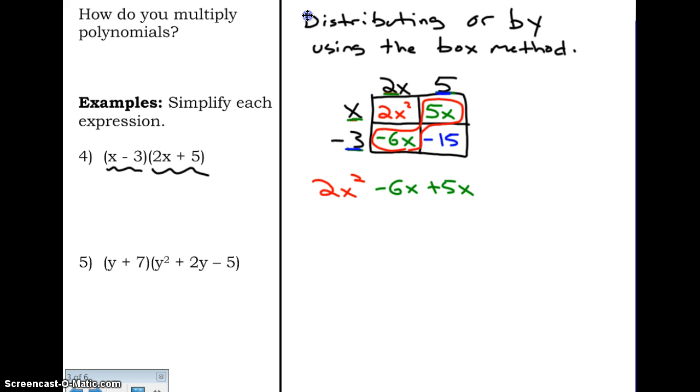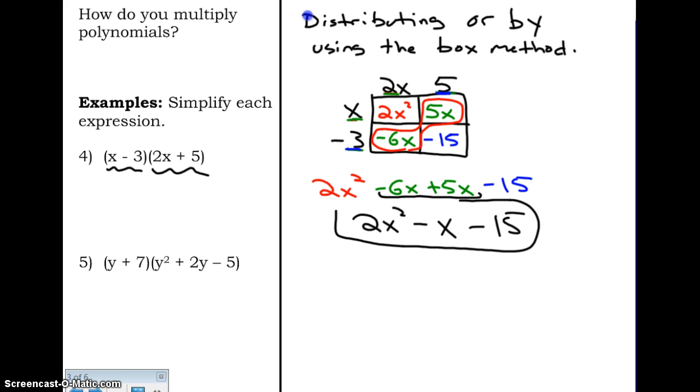And then you have that minus 15. When you combine your like terms, your answer will be 2x squared, minus x, and then the minus 15. That's your answer. Good work.